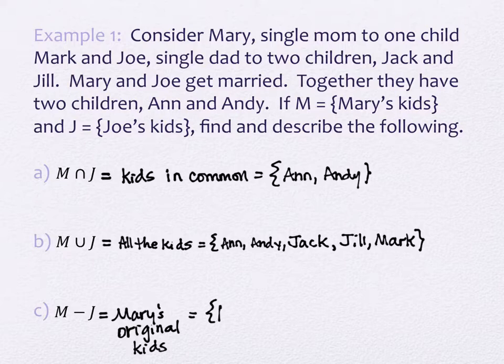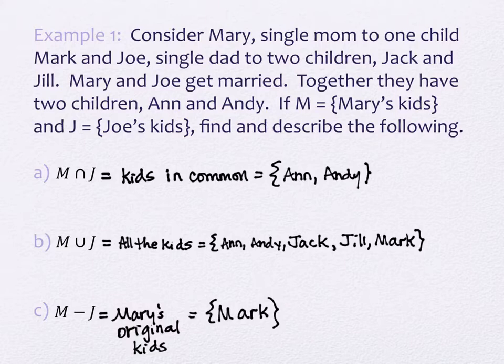So you're right, that would be just Mark. So remember, it's supposed to be all of Mary's kids, which is Mark, Anne, and Andy, the ones that are biologically hers, and then removing the ones that would also be Joe's kids, which would be Anne and Andy. Okay, so that's what that would look like with that kind of a verbal description.